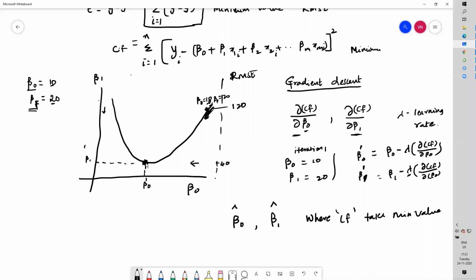The moment we reach this point, we will stop. How do we know we have reached this point? Any change to beta naught and beta 1 now will result in an increase in RMS value. When it starts to increase, we know we are moving in the wrong direction. So that's how we know we have reached the minimal point and we would stop there.